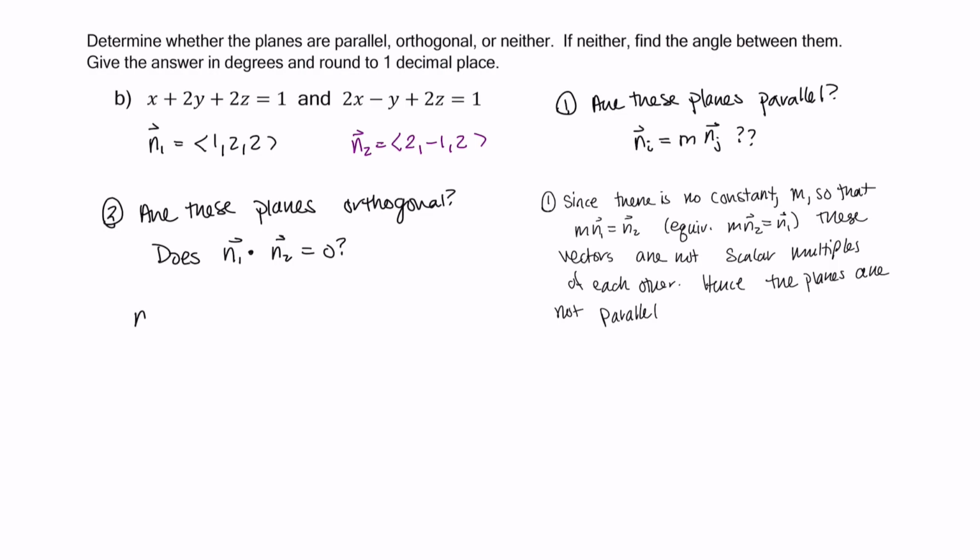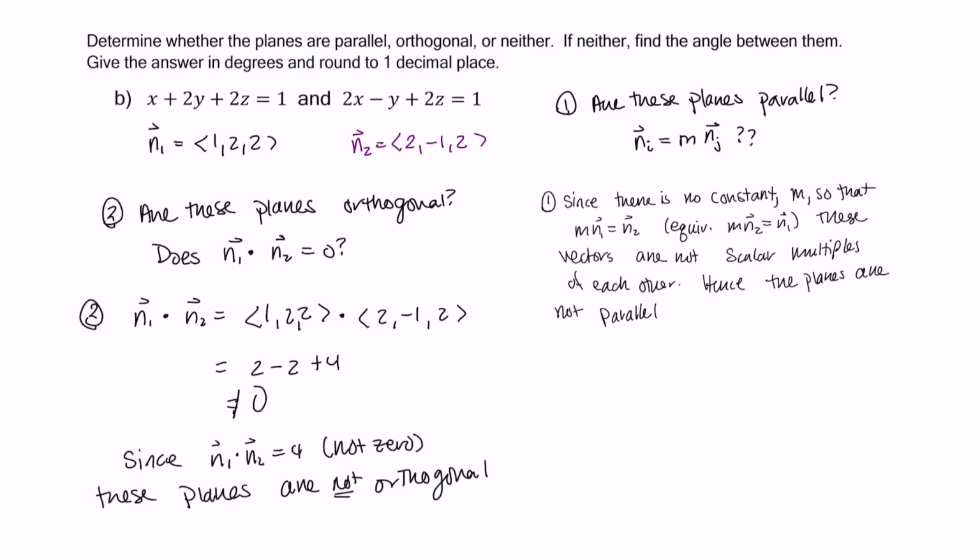Let's take a look. That's equal to 1, 2, 2 dot 2, negative 1, 2. So this is 2 minus 2 plus 4, and that is certainly not equal to 0. So these are not orthogonal.